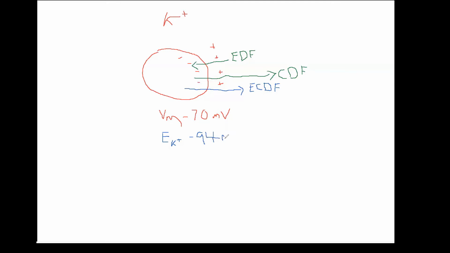So this situation will continue until we get to that negative value, at which point the force pulling potassium into the cell will be equivalent to our chemical driving force pulling it out of the cell, because as we make the inside of the cell more and more negative, it pulls harder and harder on those positive charges on the potassium.